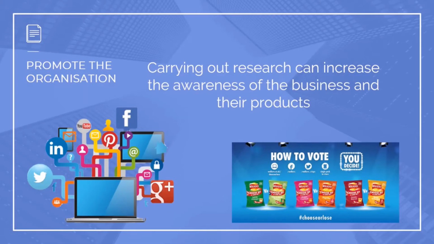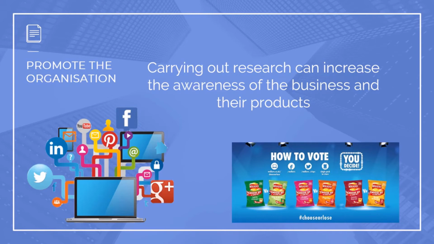First is promote the organization. So as you are carrying out research, this can often increase awareness of the business and your products. So if you are asking people to complete a survey about your product, then that is instantly creating a little bit of awareness about what you're doing. Obviously, there are big examples.